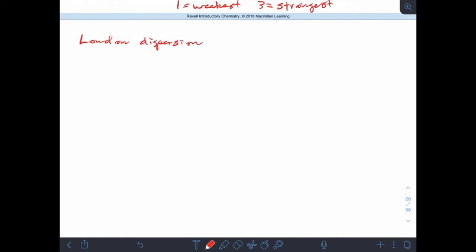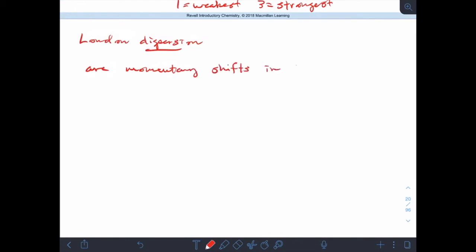Okay? And London dispersion is kind of the proper name. So just for short, we will often just say dispersion. Okay? So London dispersion forces are momentary shifts in the electron cloud of a molecule.